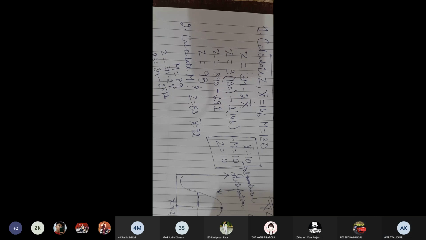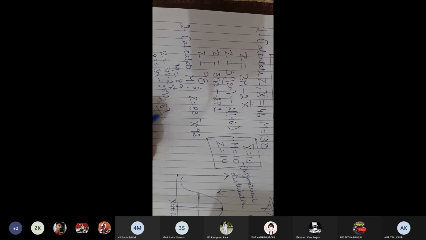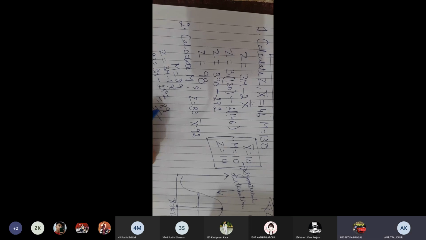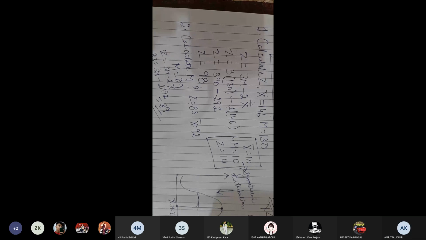So this is equal to 89. Now, any confusion up to this? Up to this, if anyone is having any confusion or problem, you can ask me. Ma'am, please explain the graph once again.